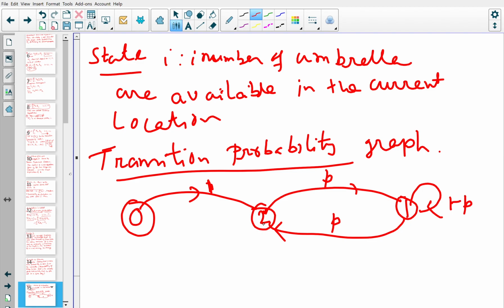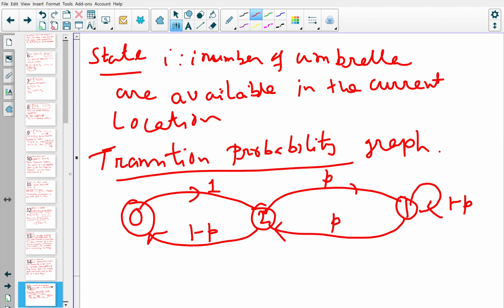Similarly, if there are two umbrellas and it is not raining, then he will go to the other place where there is no umbrella and this probability will be 1 minus P. Okay, this is okay to everyone. So this is 1, this is 1. Clear? So this is the transition probability graph. So from 0 there is nothing, but 0 to 2 has probability 1 and 2 to 1, right? These are the transition probabilities.